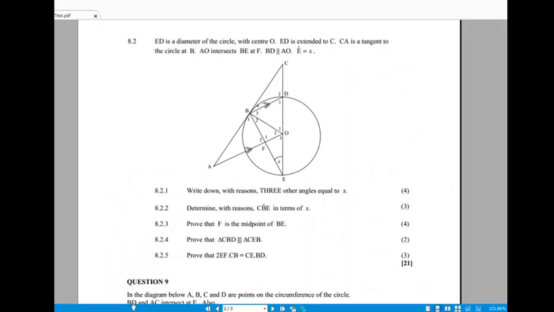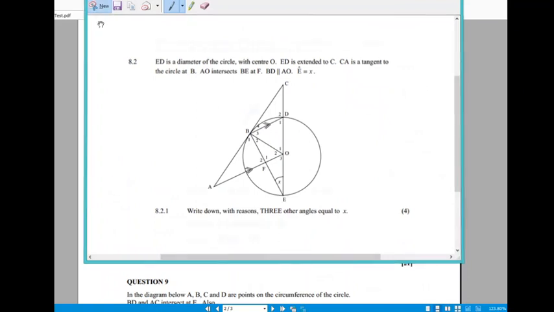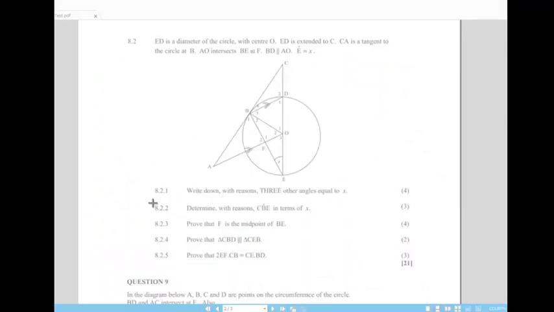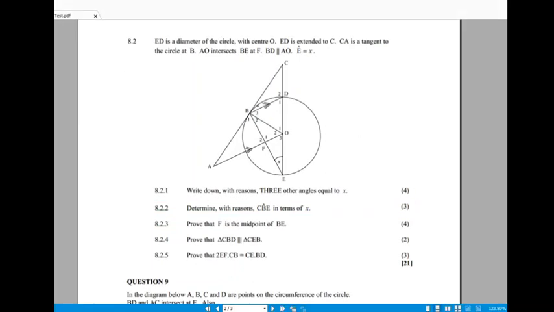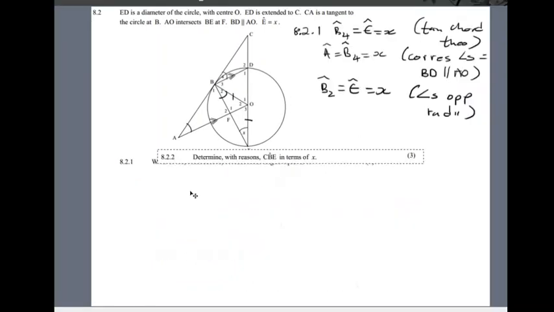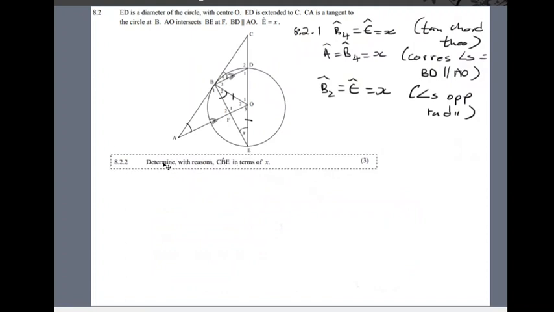Okay, so now going on to 8.2.2. Determine, with reasons, CBE in terms of x.